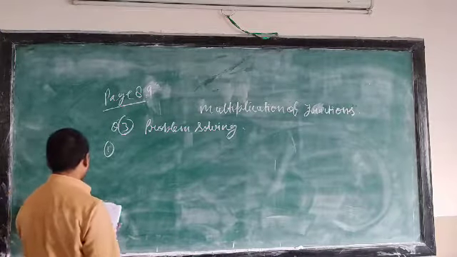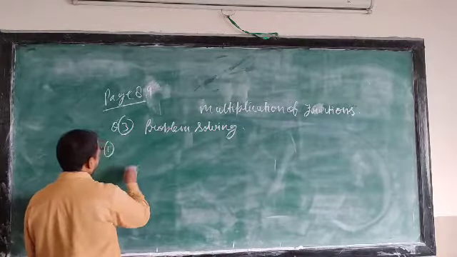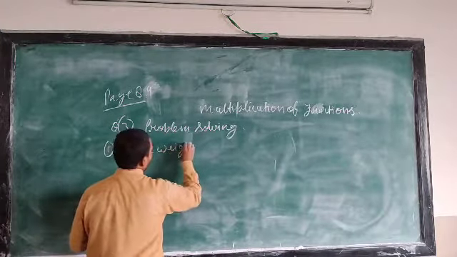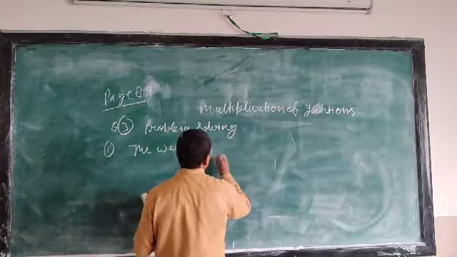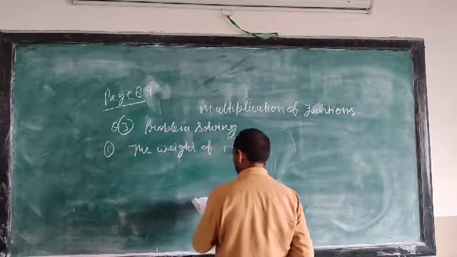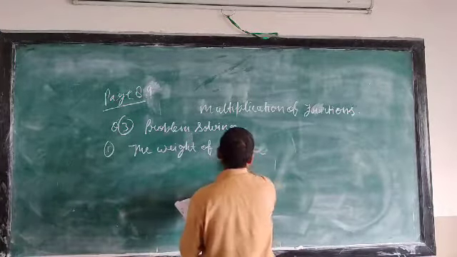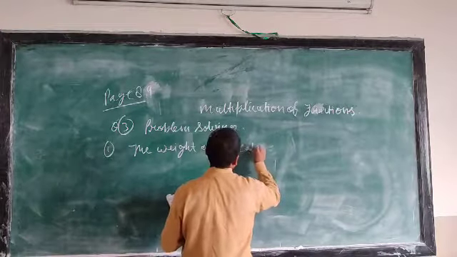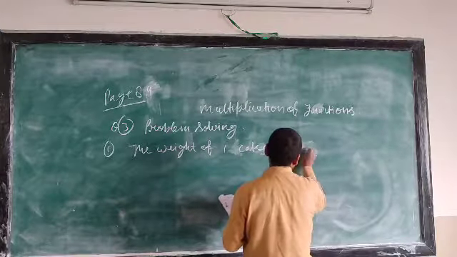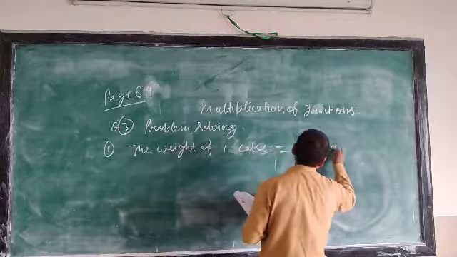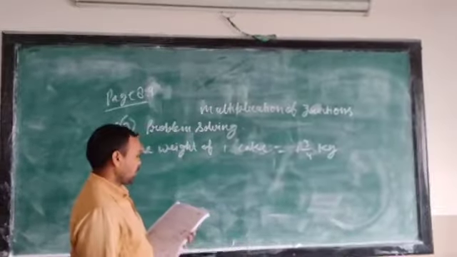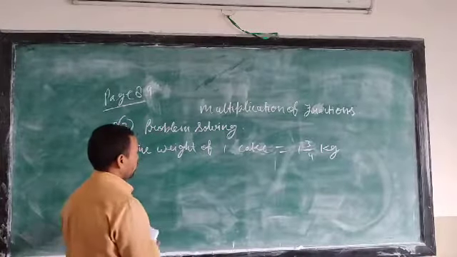The weight of the cake is given. Anyway, you can write this statement: the weight of 1 cake is 1 and 3 by 4 kg. And a bakery makes 12 birthday cakes. So what is the weight of 12 cakes?